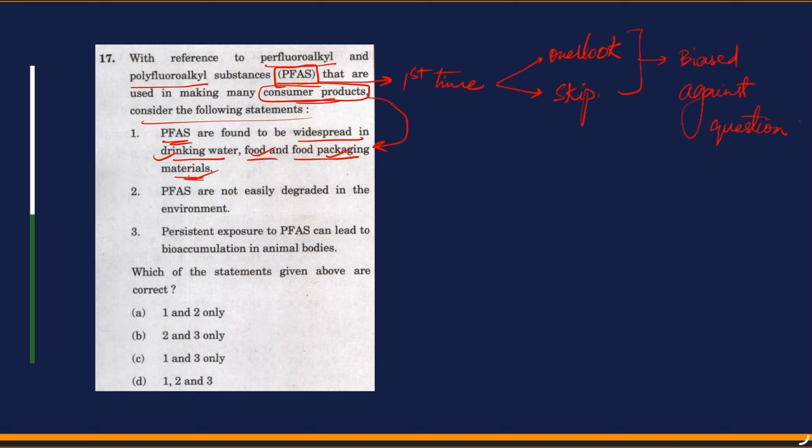The second statement is PFAS are not easily degradable in the environment. Again, this can be correlated because consumer products would include plastics and other things, so they're obviously not easily degraded. The third statement is persistent exposure to PFAS can lead to bioaccumulation in the bodies of animals. Again, this can also be correlated. So the answer should be all of the above.